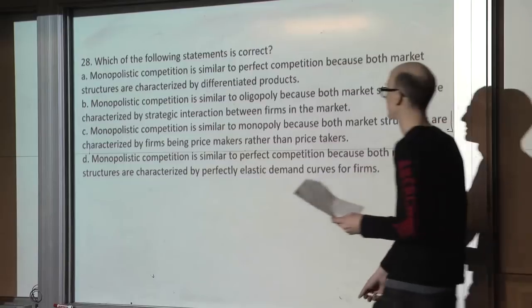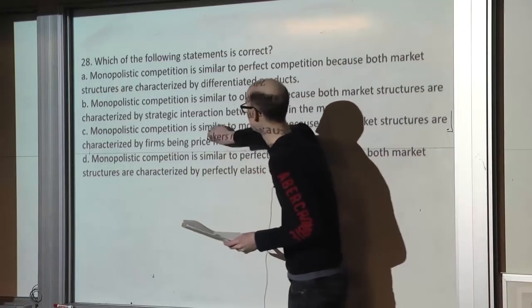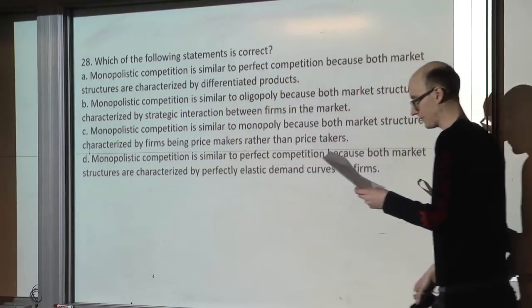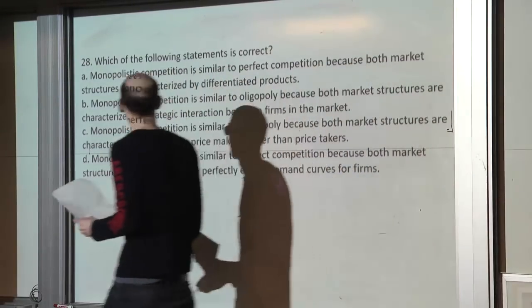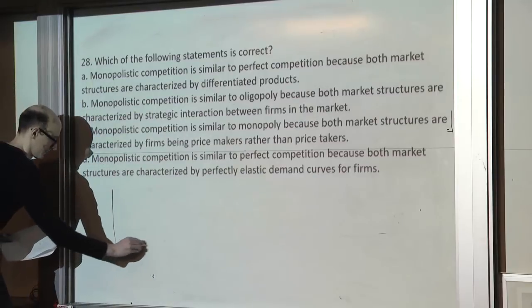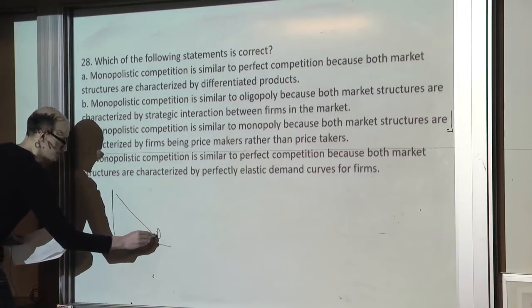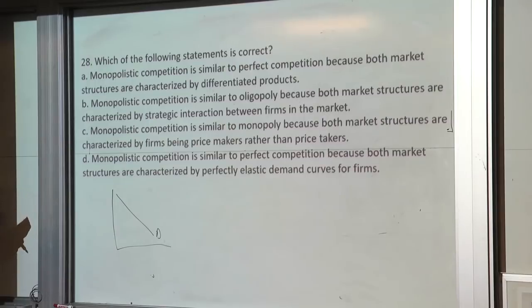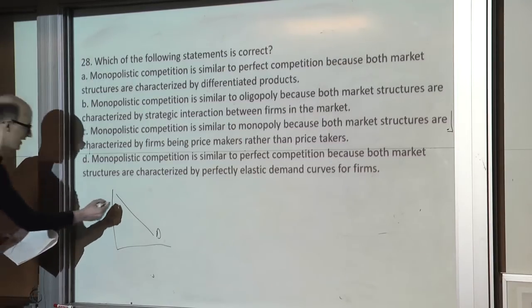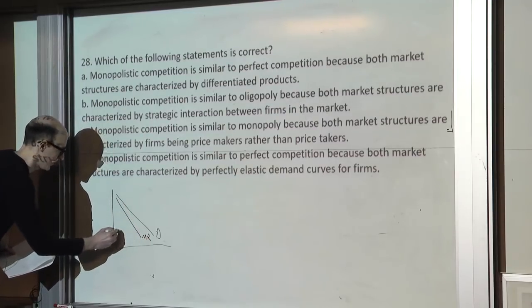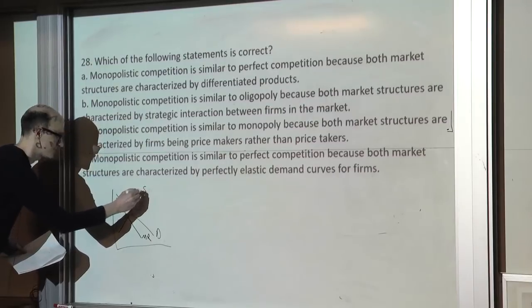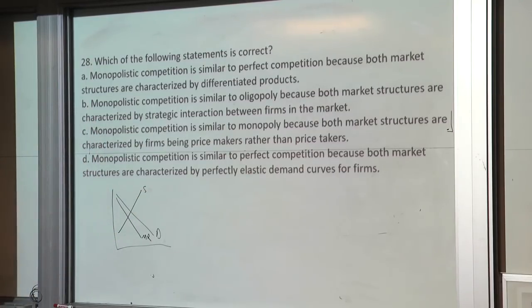This again refers to monopolistic competition. We see that in all the answers. We know that monopolistically competitive firms face a downward sloping demand curve. Since they face a downward sloping demand curve, they have some choice about what the price will be, right?